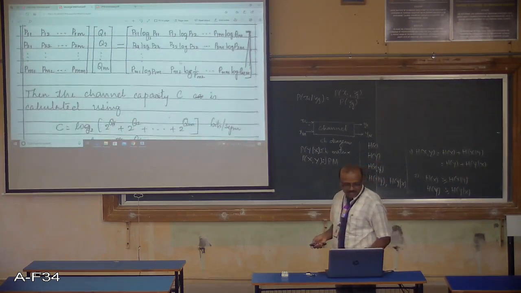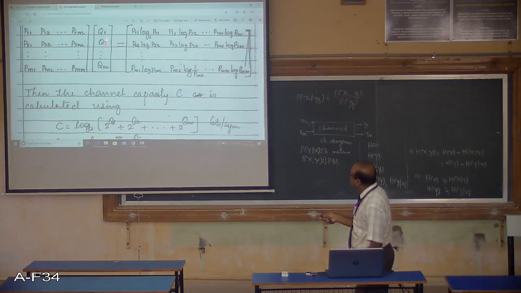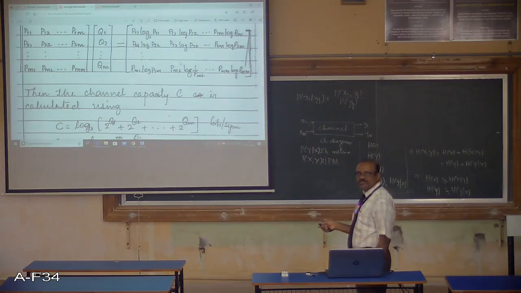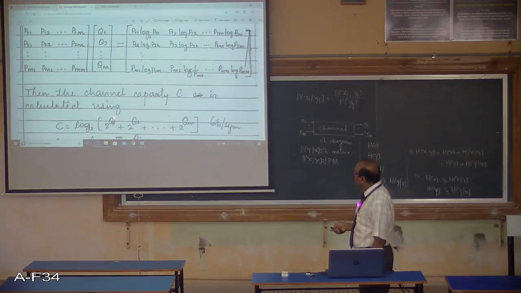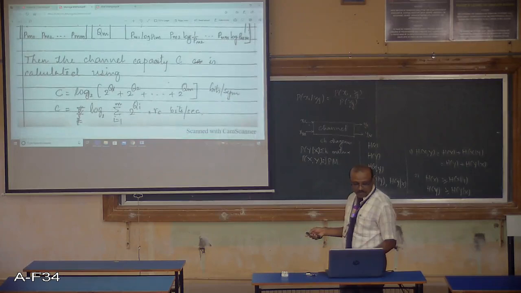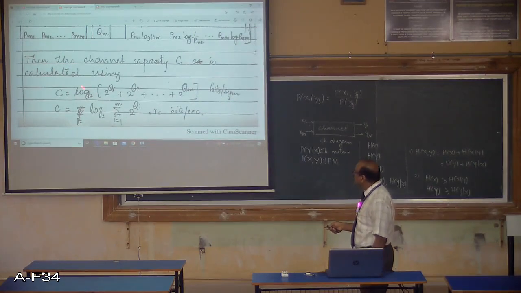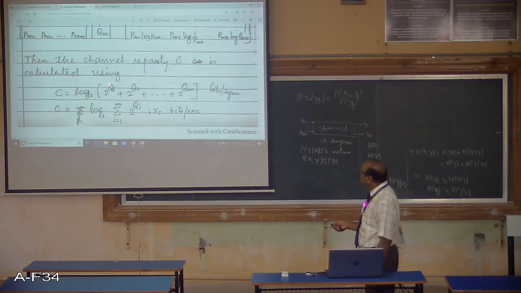So with that we get a channel matrix, these values and this. Multiply this, and we get one equation. Second multiplication, second equation. Likewise we get m equations. So solving those m equations, we get m values q1, q2, q3 up to qm. And channel capacity is simply given by log to the base 2 of the sum of 2 power those q values.